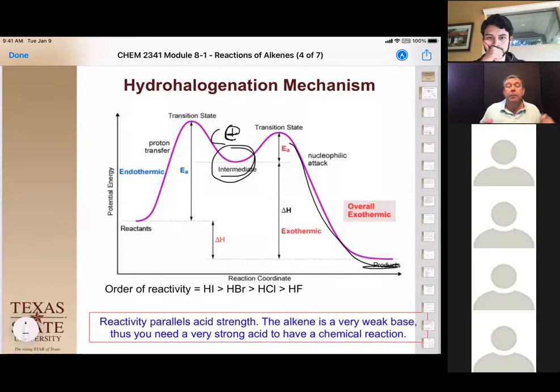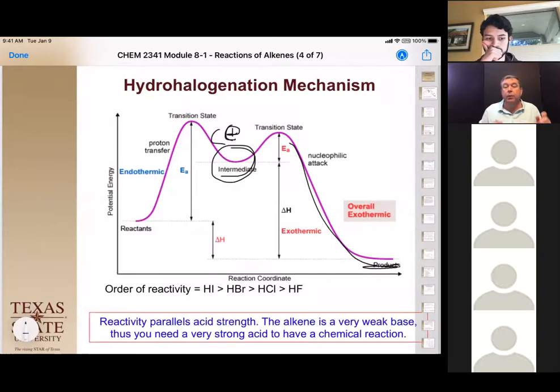Most of the time, because alkenes have more potential energy than alkanes, and because of the bond strengths, almost all of these reactions are exothermic overall. So alkenes have more potential energy because of that double bond. Our sp3 hybridized carbons have less potential energy, so it always releases heat. Now, in this case, our order of reactivity goes by acid strength.